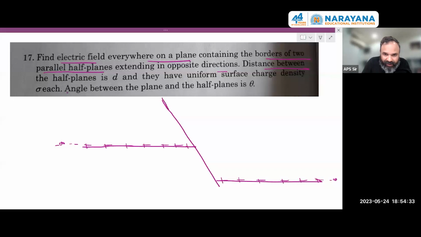This is the plane which is crossing those two borders, and the angle between the plane and the half plane is given as theta. He has said the distance between the two planes, and generally they provide the shortest distance, so perpendicular. If this perpendicular distance is D, you have to find the electric field everywhere on the plane. The question is somewhat like this.